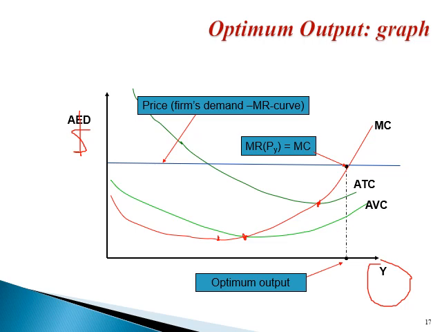As you can see, this is the minimum of marginal cost, this is the minimum of average variable cost, and this is the minimum of average total cost. This corresponds to 3 different levels of output.